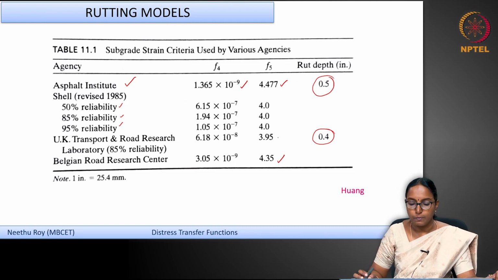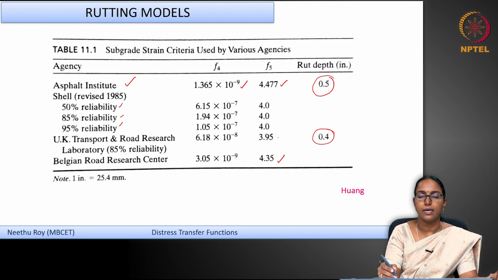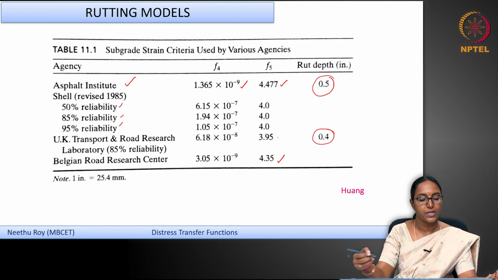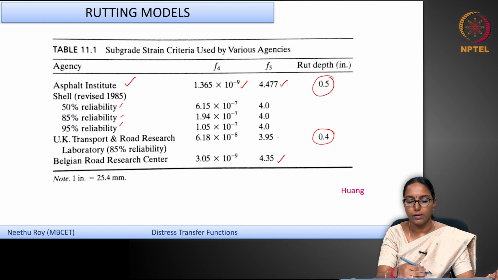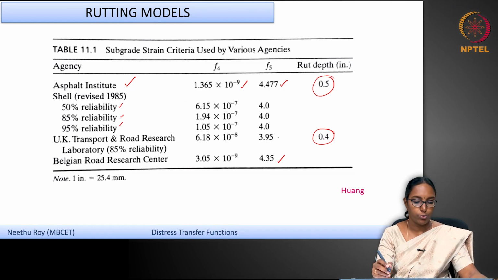You see that the F4 values as well as the F5 values vary among the various agencies, but mostly the change is more in the case of F4 as compared to F5.